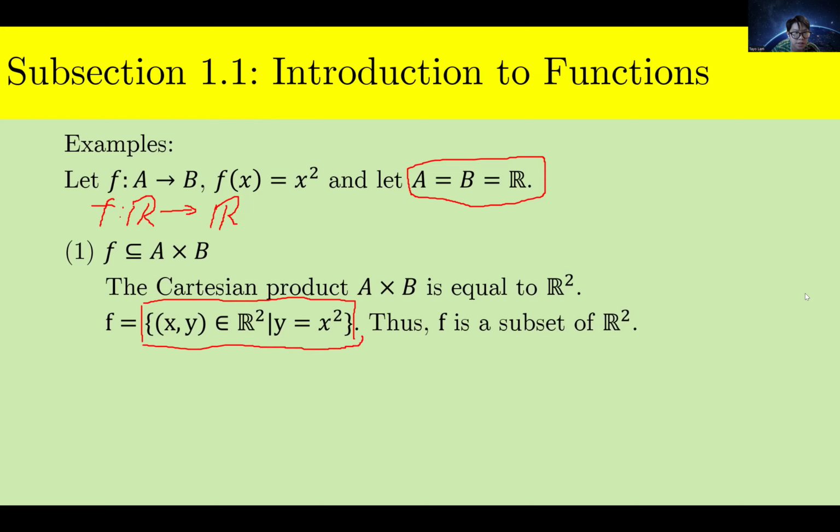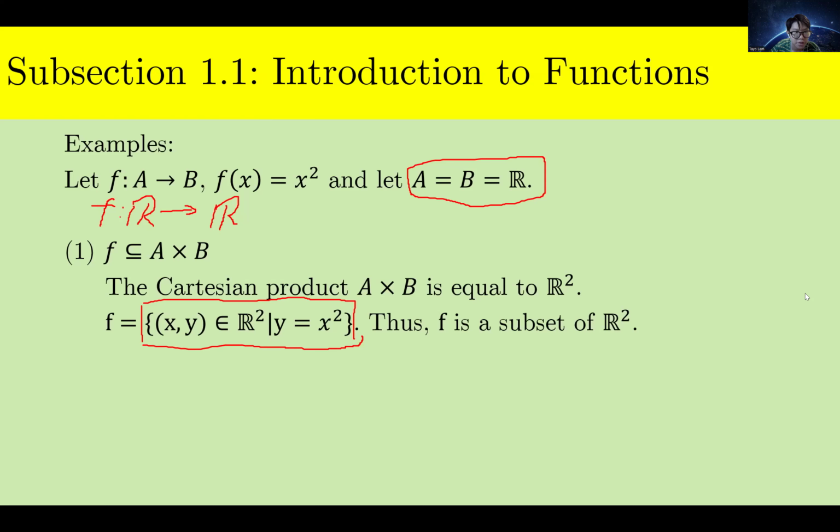How to interpret it: for every x, we have y that equals x squared, which is a point on the y-axis of that graph. It's also in R, but the order matters. You can't say x equals y squared, so it's ordered pairs, and it's a subset of R squared. So the first condition is correct.